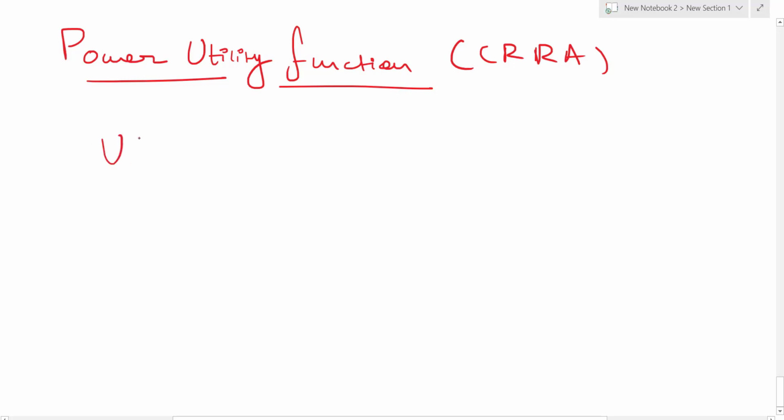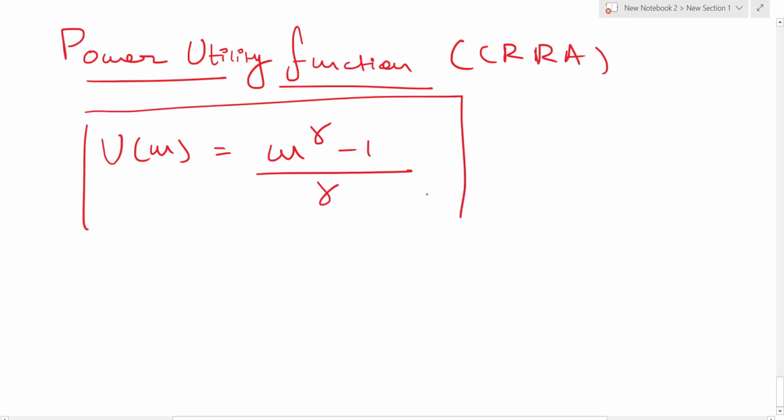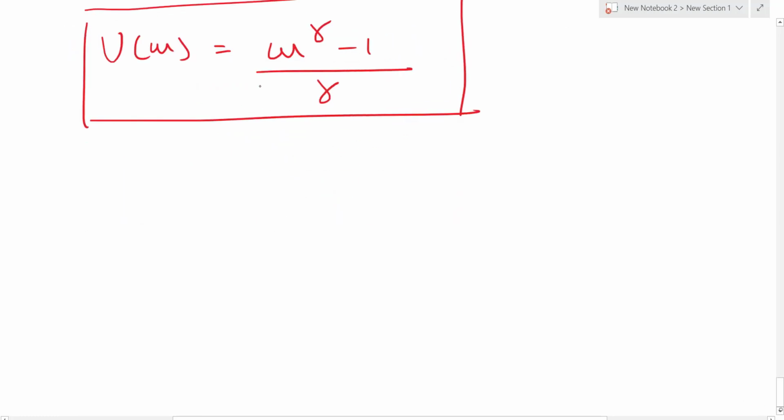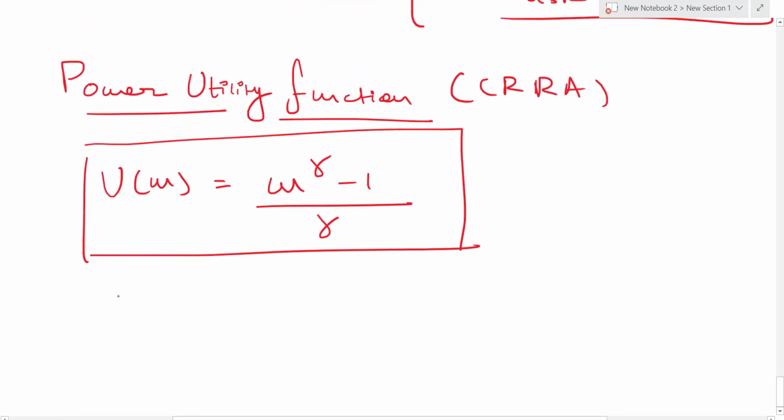So here U of W is of the form (W to the power of gamma minus 1) divided by gamma. This is the form of this function. Now if this is the form, let's see what the considerations are here. U dash W, if I try to find it, what would it be equal to?